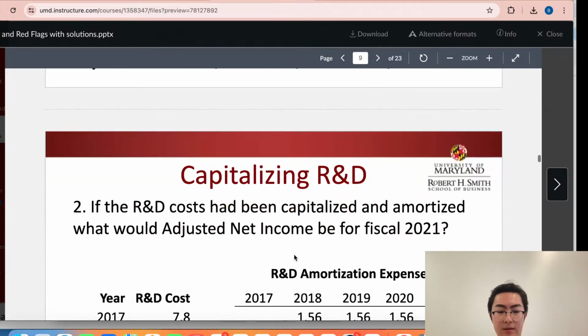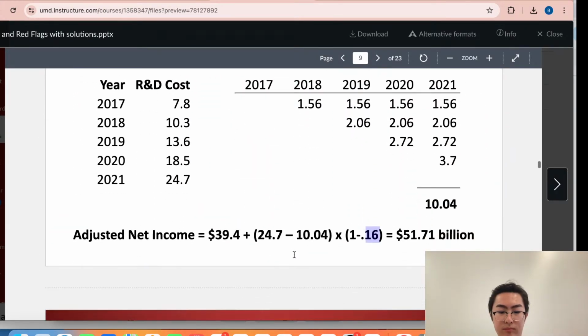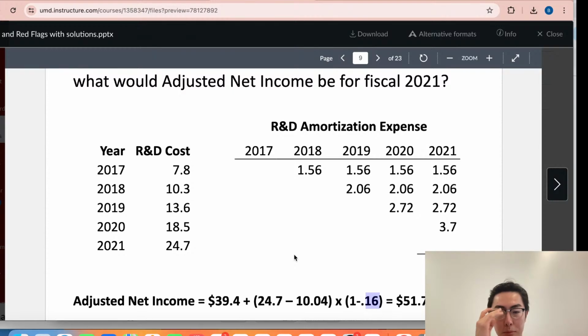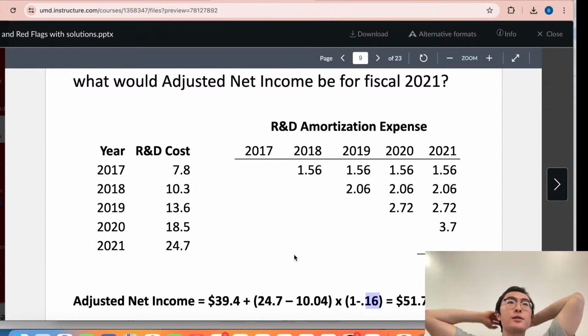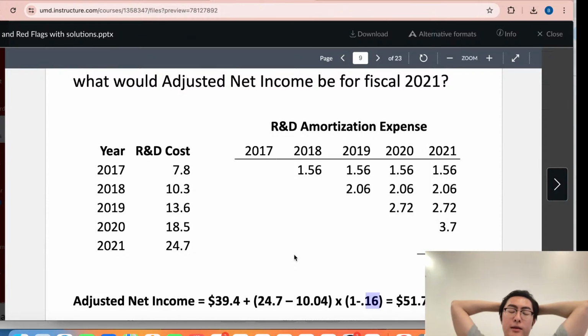Effective tax rate. Okay. So why do we multiply by 1 minus 0.16? I think the adjusted net income.